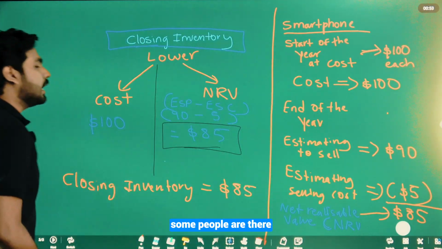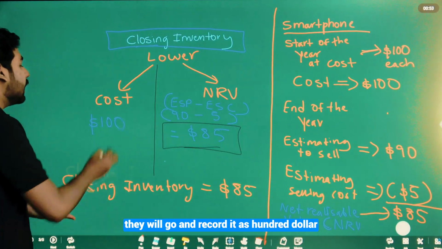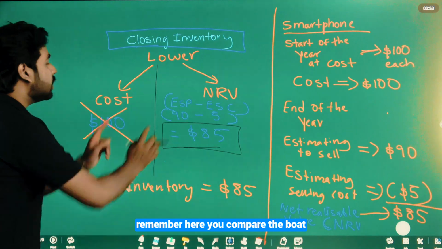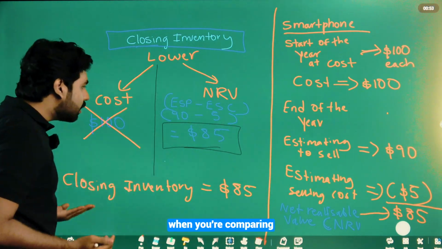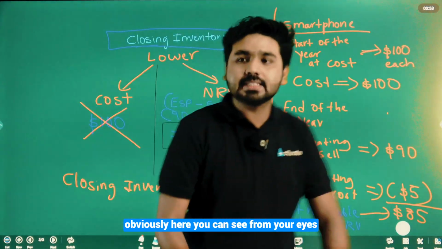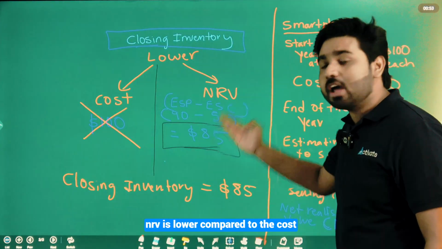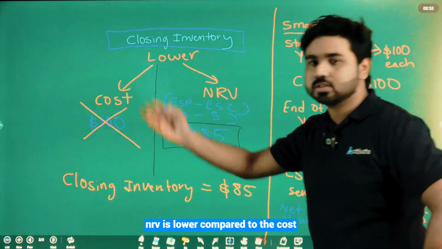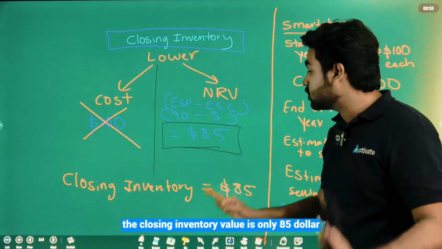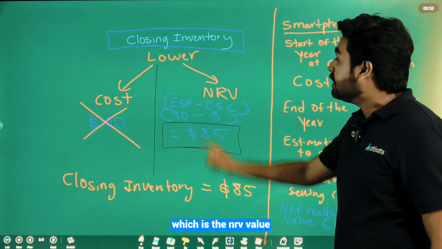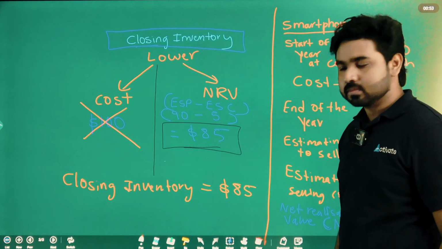Some people will go and record it as $100. Remember, here you compare both, you compare the cost with the NRV. When you're comparing, obviously, here you can see NRV is lower compared to the cost. So remember, the closing inventory value is only $85, which is the NRV value.